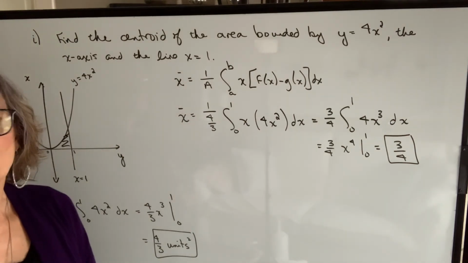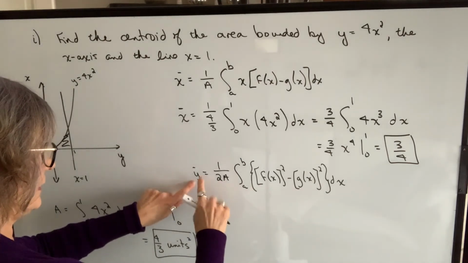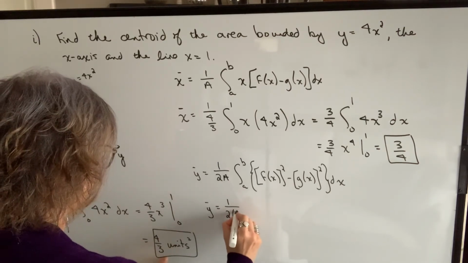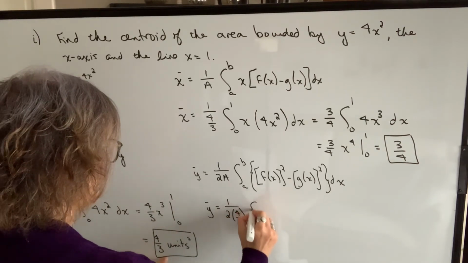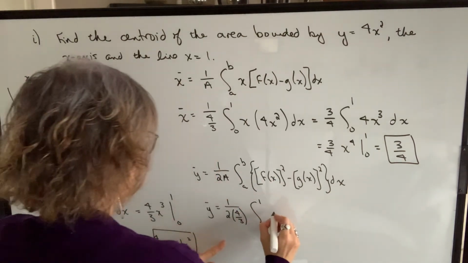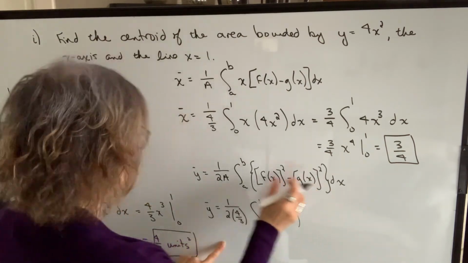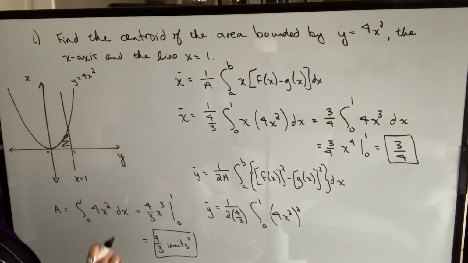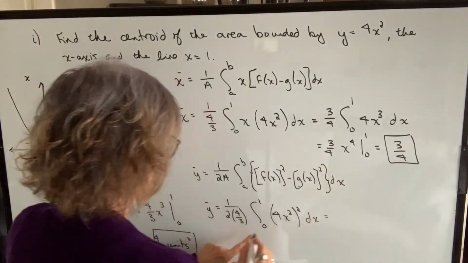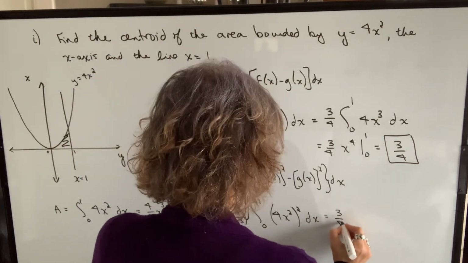Now we'll find the y-coordinate. In order to find the y-coordinate, I use this formula. So the y-coordinate will be 1 over 2 times A times the integral from 0 to 1 of f of x squared, so 4x squared, minus, it's always nice when the g of x is 0, so minus 0 squared dx. So let's simplify first. That's 1 over 8/3, which will be 3/8.